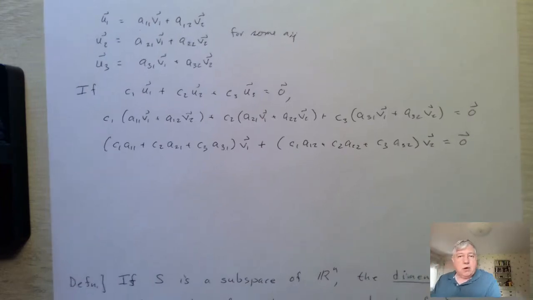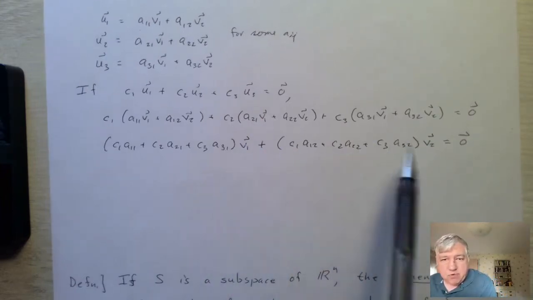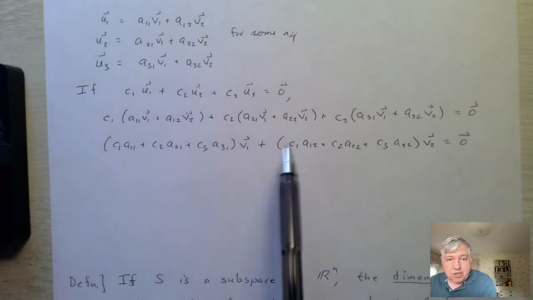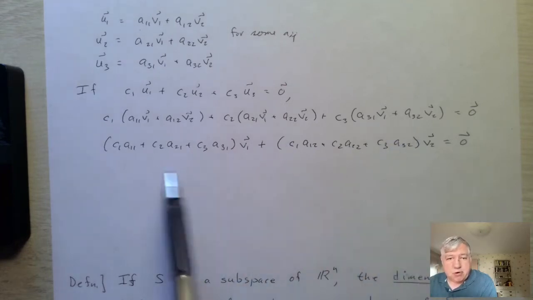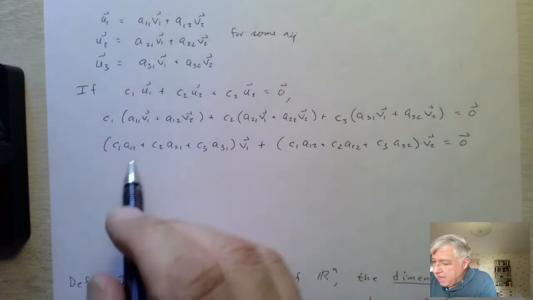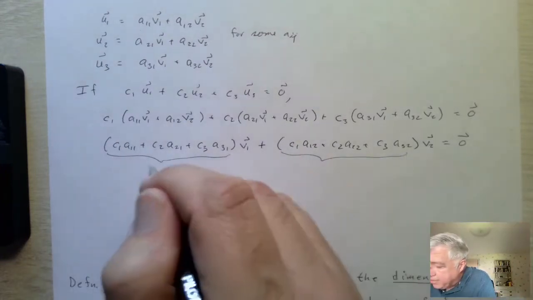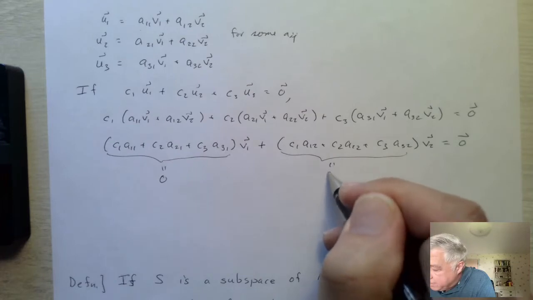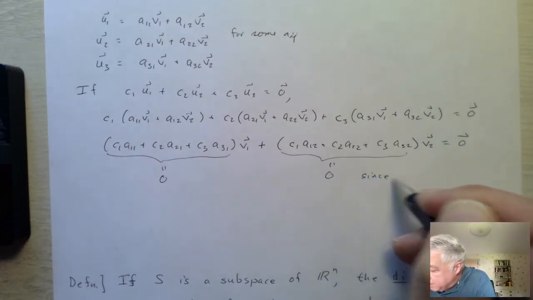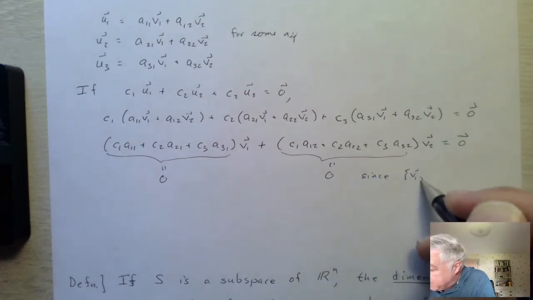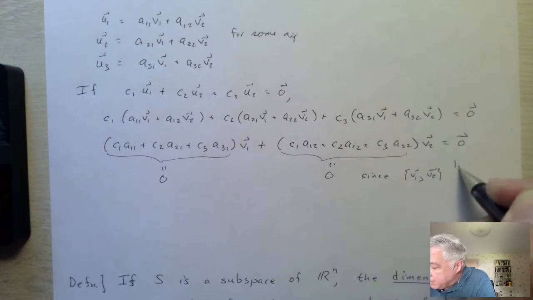All right. Now, since the set v1, v2 is a basis, and we have this linear combination equals 0, and because they're linearly independent, that means each of these big coefficients has to be equal to 0.